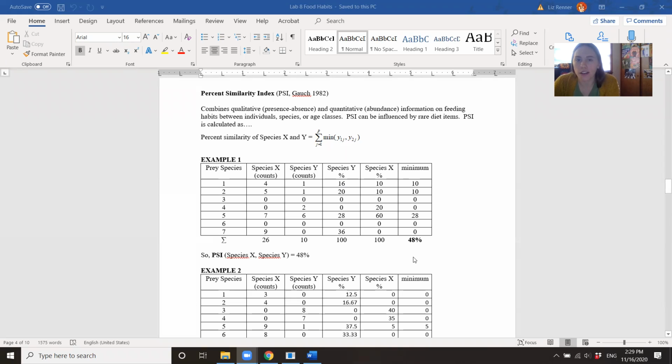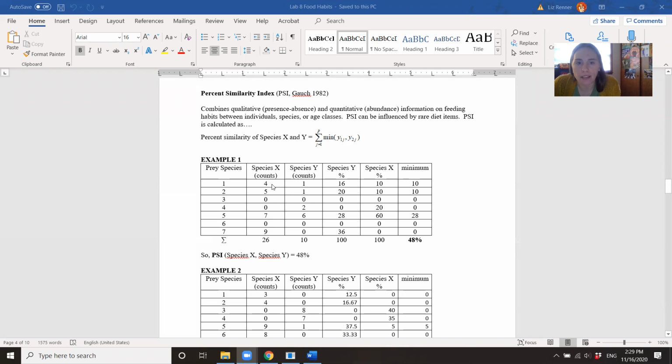And so it'd be best to just go through the examples for these. Here we have the counts, like how many hits we had for species X. So let's say this is a bass, and let's say this is a channel catfish. So species X is our bass predator, species Y is our channel catfish predator.